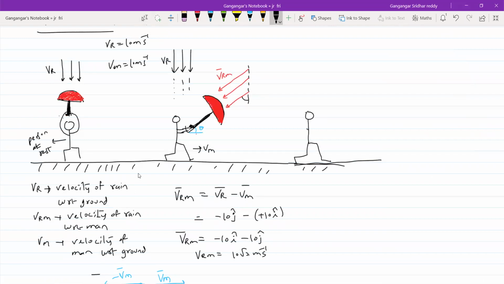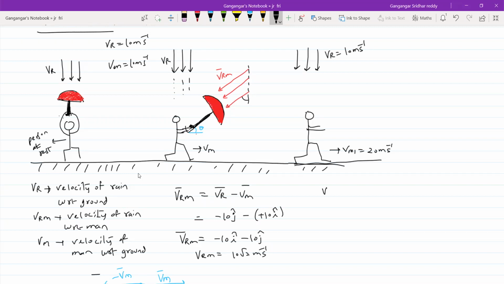So here the velocity, let it be Vm1, is 20 meter per second. The rain continues to fall vertically only. So Vr is how much? 10 meter per second. Now, what is my question? How should we hold the umbrella, and with what speed will the raindrops strike the umbrella?